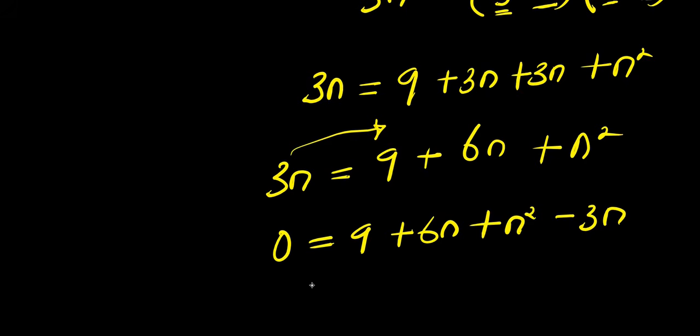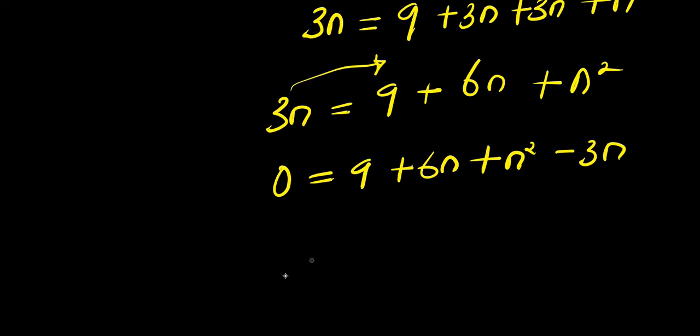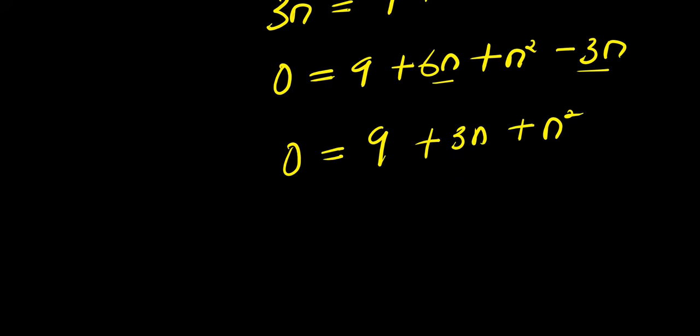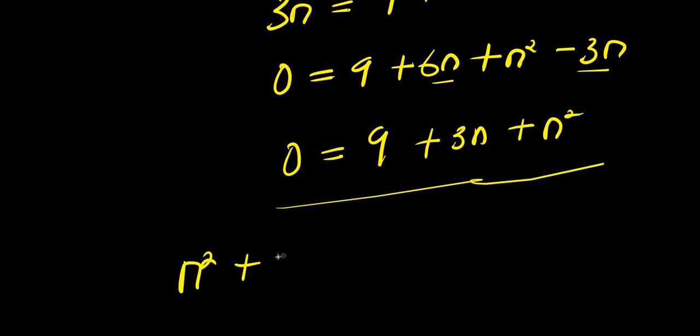So I have 0 equals 9, 6n minus 3n, that is 3n, and this is plus n squared. So right now we can rearrange this. We have n squared plus 3n plus 9 equals 0.